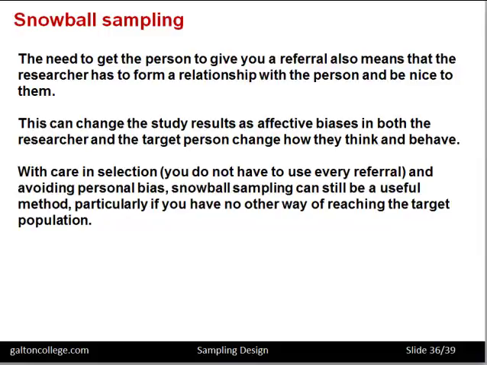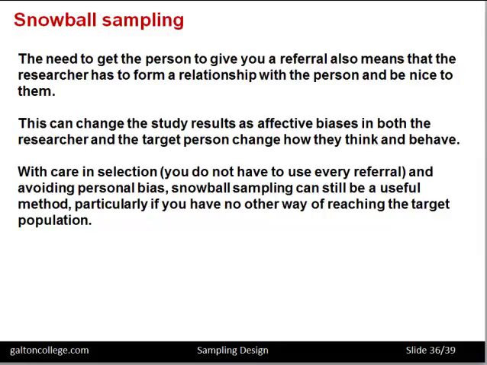Of course, not every referral has to be used. It depends on the number of referrals and on the resources available in conducting the survey. But not all have to be used. The snowball method is useful, but the precise people selected for, let's say, interview may be subject to some sort of additional selection process where people say we will not select those people, they're too far away, or we have enough already.